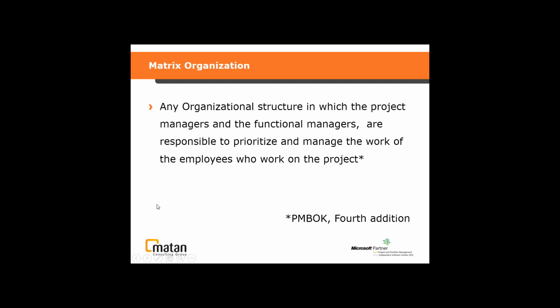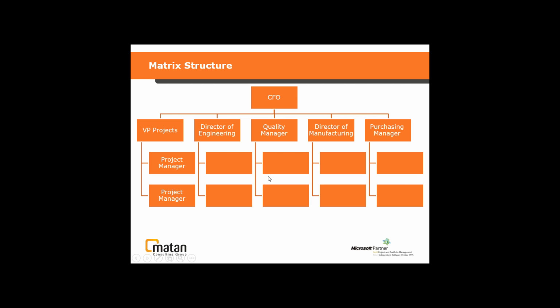So in this type of organization, a matrix organization, it's very similar but a different structure. On the one hand, you have the functional areas like you did in the functional organization. On the other hand, you also have project managers.